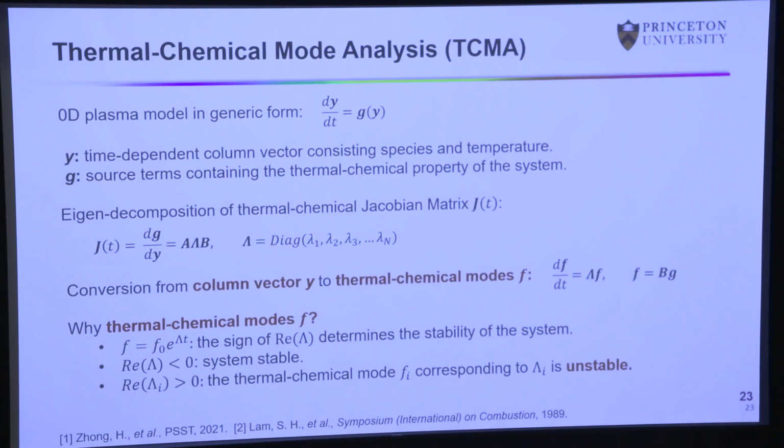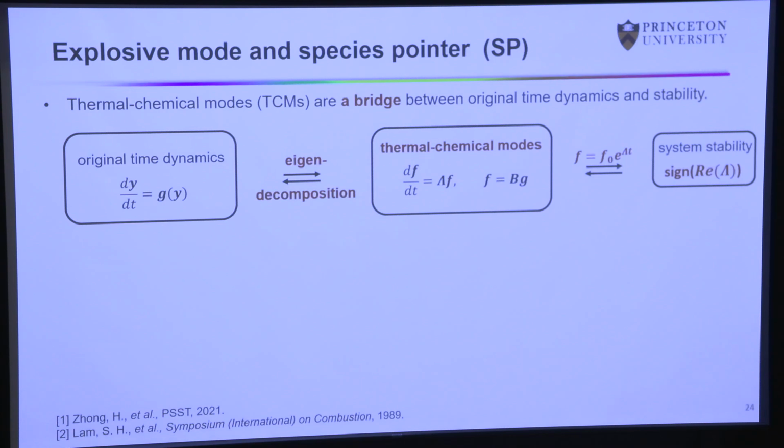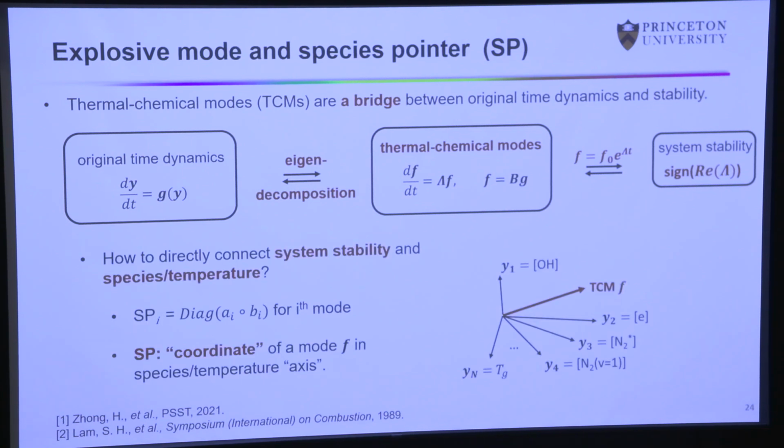If the eigenvalue is positive, you can say the system becomes unstable. If negative, the system is stable. So you do this kind of CSP analysis. We call it thermochemical mode analysis. And then you can find which reaction is important. For example, this is the electron number density, ion number density, vibrational mode, and temperature.